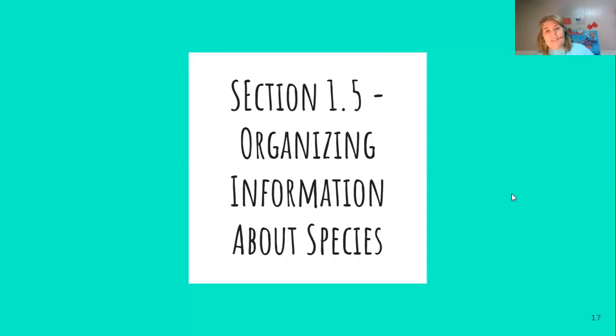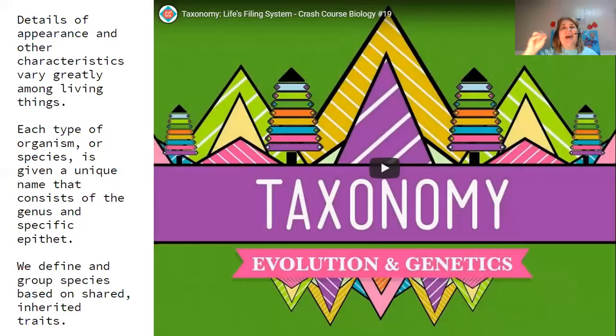Because biology is so vast, because there are so many living organisms, organizing things in biology is extremely important. We organize biology based on a branch of science known as taxonomy. I have a video clip here that's called a Crash Course.